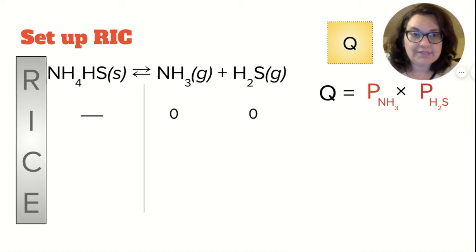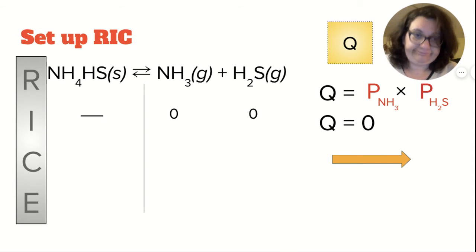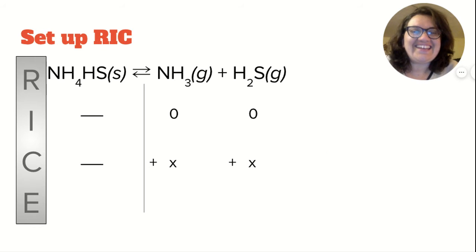Same expression as for K, except I can plug in the partial pressures at any time. So Q initially is 0 times 0. If Q is 0, it means that the entire reaction is going to move to the right, towards the products. So it is going to be positive on the side of the products.